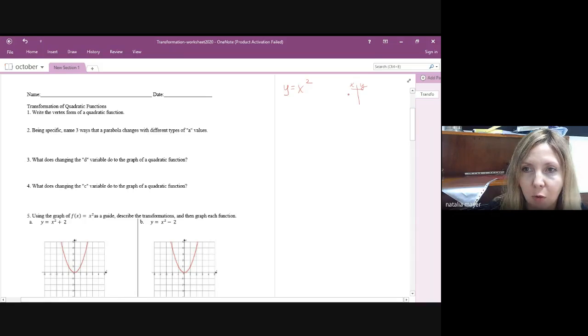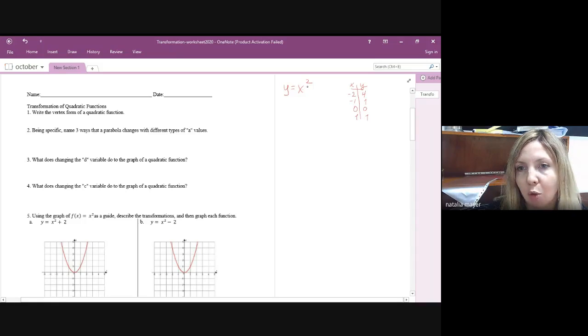So we start with -2, and by inputting -2 into this equation, you can get 4. And then if you do the same with -1, -1 squared is 1. 0 squared is 0. 1 squared is 1.